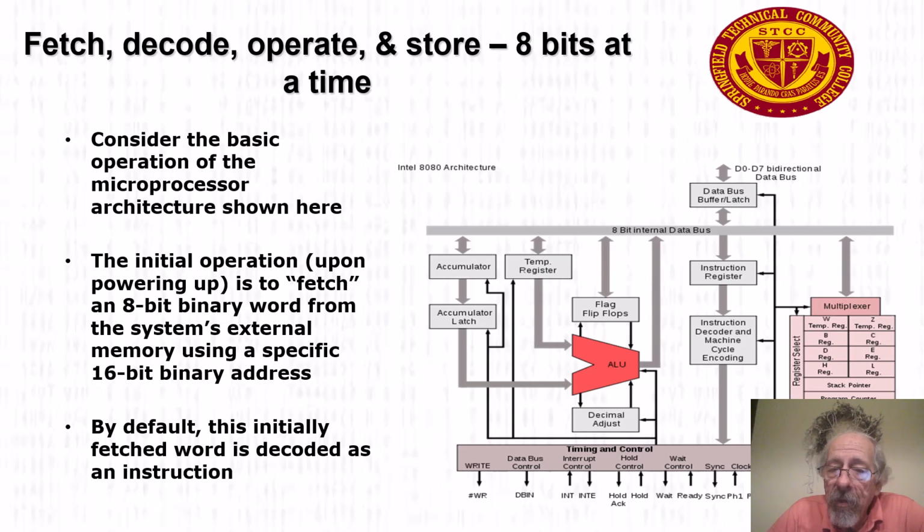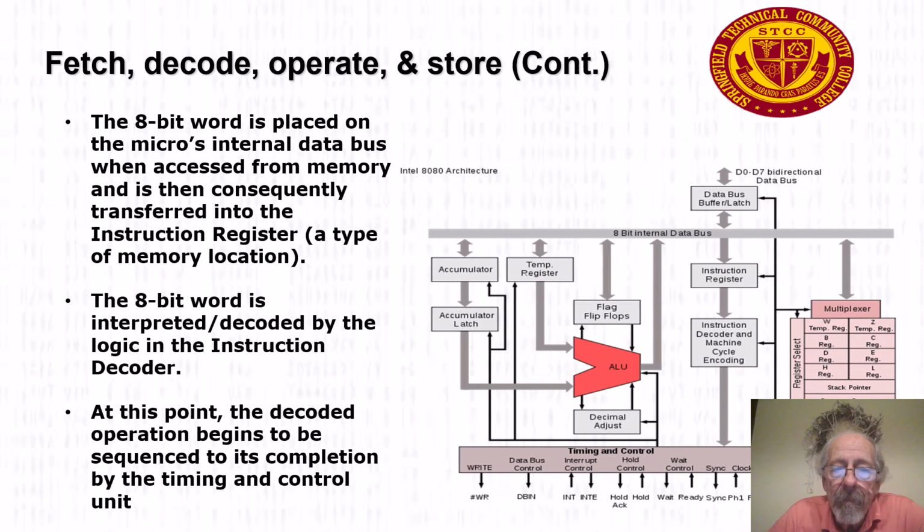It's brought in through the bidirectional data bus, goes into the instruction register, and gets decoded. We already talked about the first bullet here. The 8-bit word is interpreted and decoded by the logic in the instruction decoder. At this point, the decoded operation begins to be sequenced to its completion by the timing and control unit.